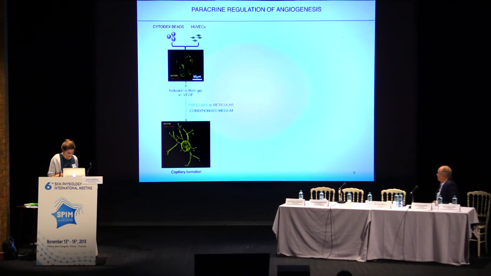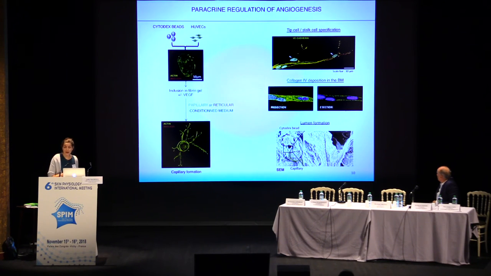This model recapitulates the main characteristics of sprouting angiogenesis, including tip cell and stalk cell specification, the deposition of a basement membrane that you can see here by deposition of collagen type 4, and the presence of a lumen that you can see here on this image of scanning electron microscopy. So you have here the bead, here the capillaries, and the lumen that you distinguish inside.